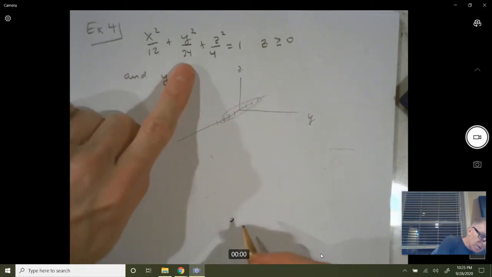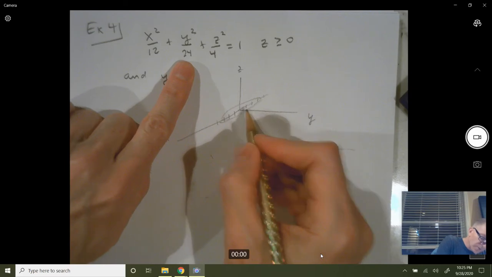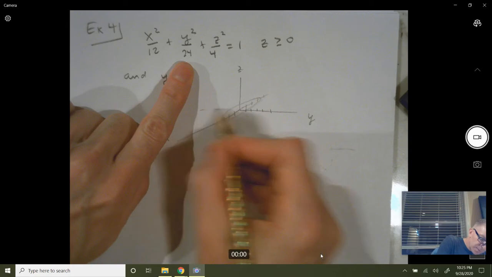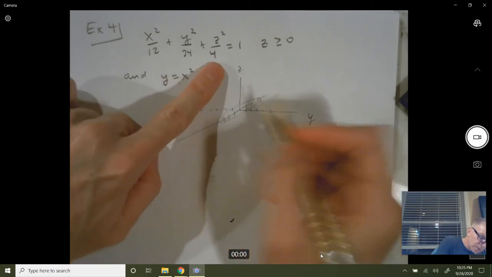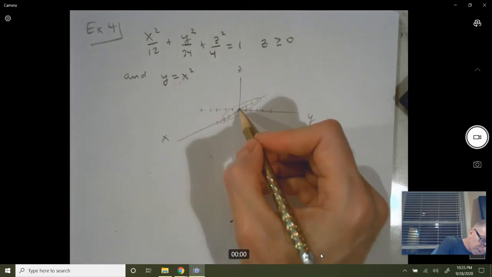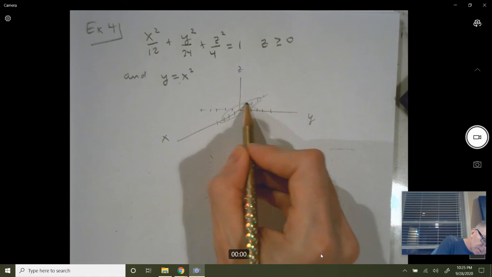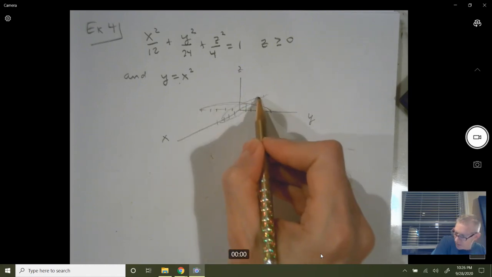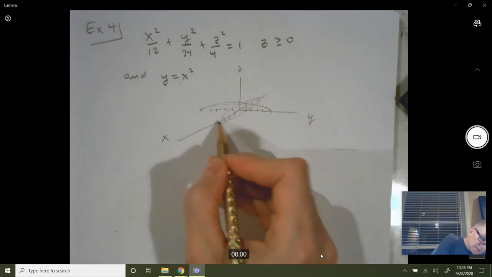Y value, we're going to go square root of 24, which is a little less than 5. And then for z, we're only going to go up to 2 and down to -2. Okay, so you've got this thing here. So basically, we've got this, and we're just going to do this thing.